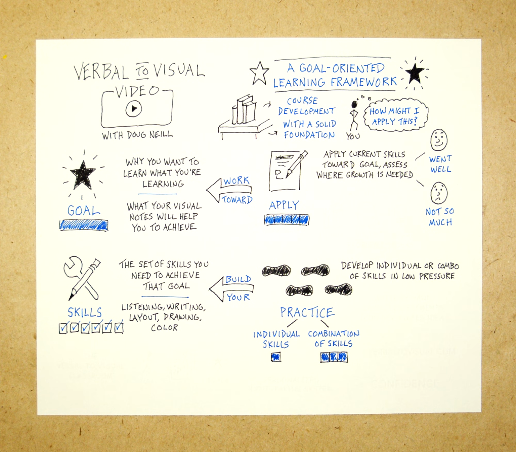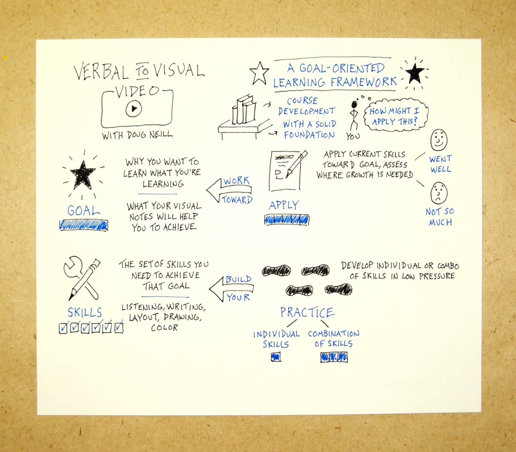It can be overwhelming to try to do all of those things really well, especially at the beginning. The thing is, though, chances are you don't need all of those skills in order to achieve whatever goal you're shooting for. Your specific goal will help you to decide which of those visual note-taking skills to focus on first, and which ones you don't need to worry about for now.